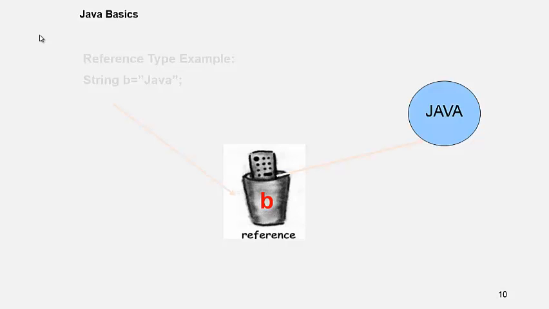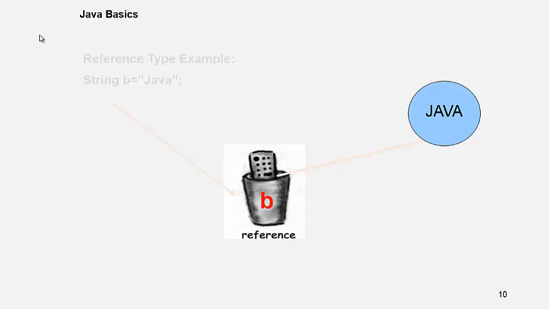Objects live in only one place, that is the heap. We will be discussing the heap area of memory when we discuss garbage collection. For now, just remember that objects are created in the heap area of memory. All the objects go into the heap.